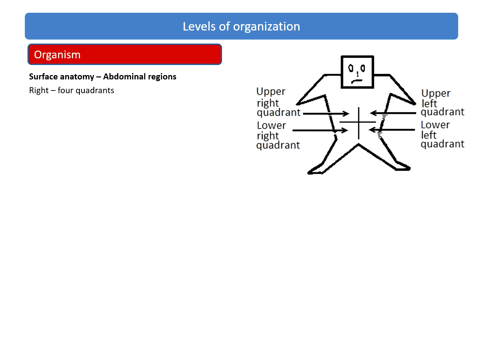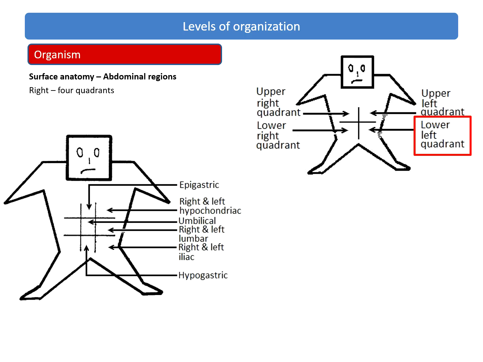Regarding surface anatomy, let's look at the abdomen. In this view, we can divide the abdomen into 4 quadrants: an upper right quadrant, an upper left quadrant, a lower right quadrant, and a lower left quadrant. Another way to do it is to divide it into 9 regions.